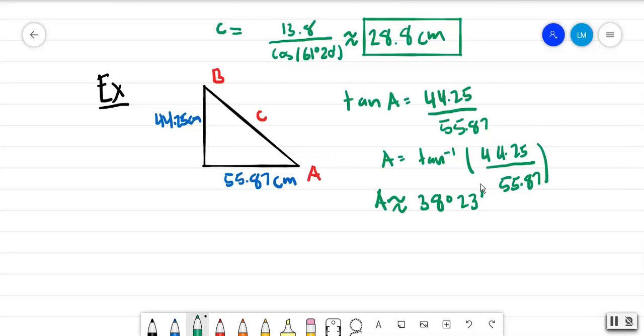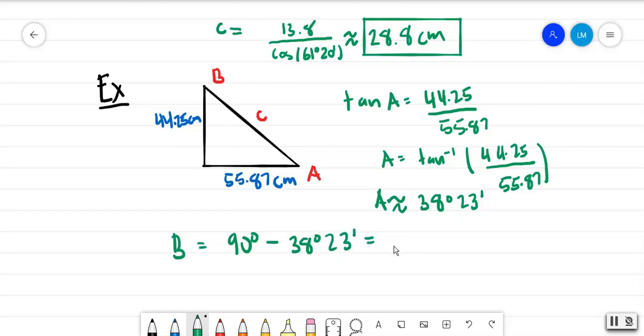Now, if you want, we can go ahead and solve for angle B. Remember, B is equal to 90 degrees minus A, which in this case is 38 degrees and 23 minutes.